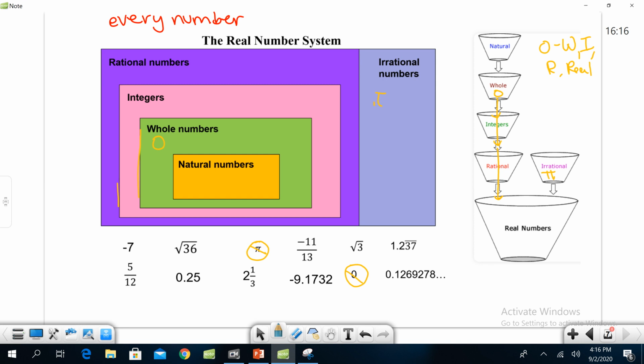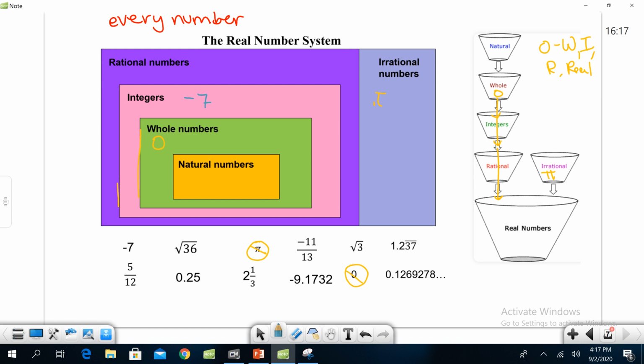Negative 7 is also not whole. It's a special kind of whole number, which is a negative whole number. It's not a whole number. Whole numbers start with 0, 1, 2, and it's all the positives, only the positives. So that means that negative 7 is an integer. It is a negative whole number, and it does not have a decimal.